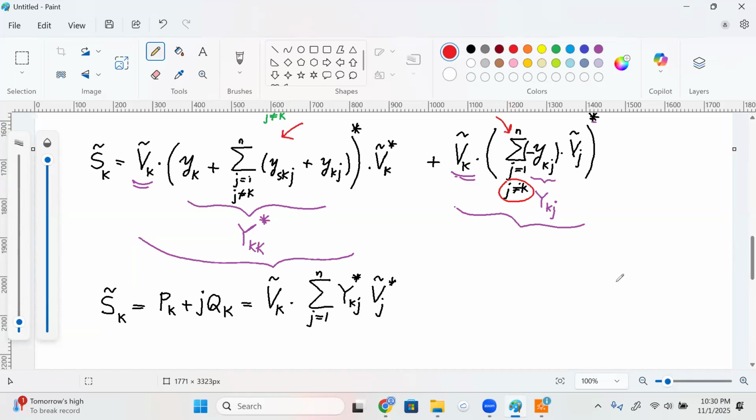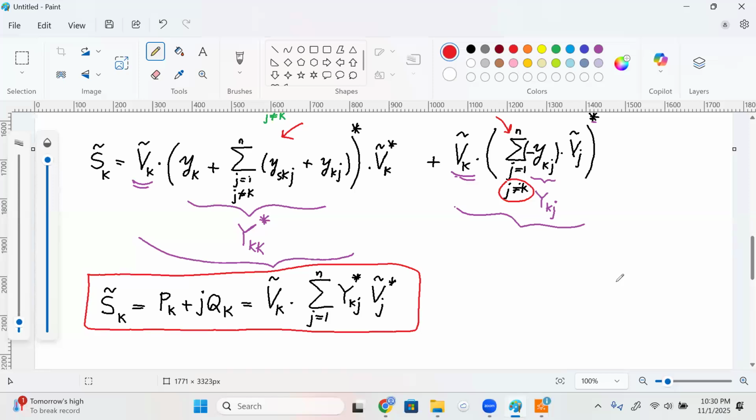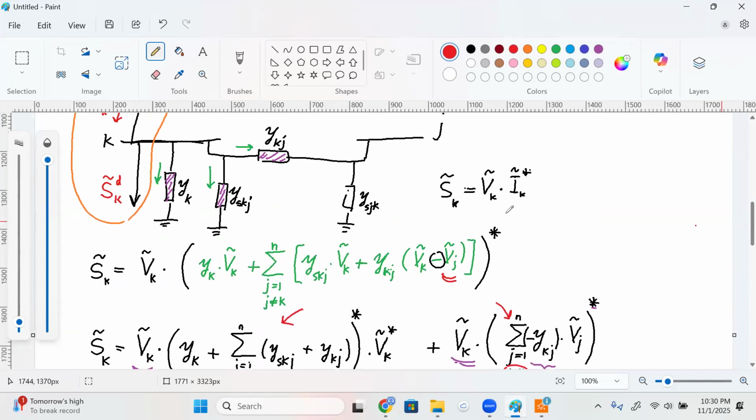Now J can go all the way from 1 to N, so I can have a term associated with YKK and VK as well. This is one of the most important equations that you will see in power flow, and I'd like you to practice a little bit and make sure that you can derive it using the basic power equation that we have, this important equation, SK equals voltage times the current conjugate.